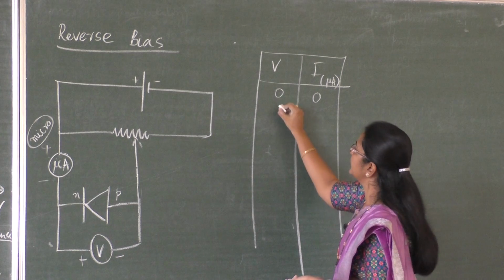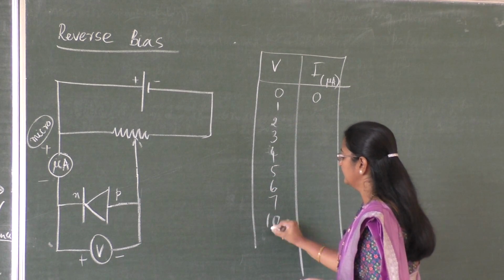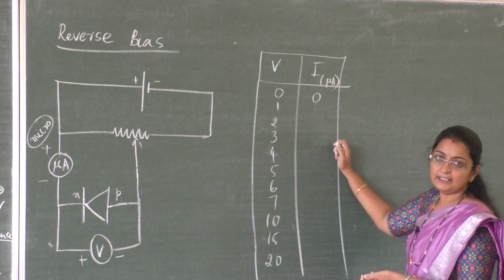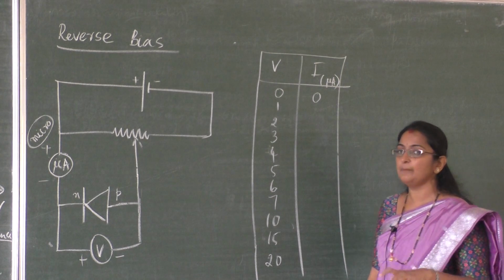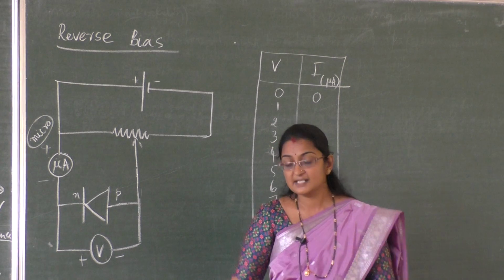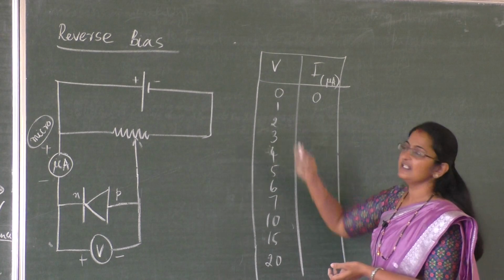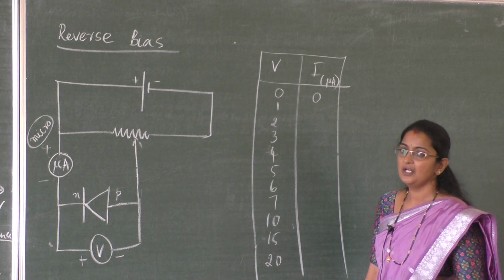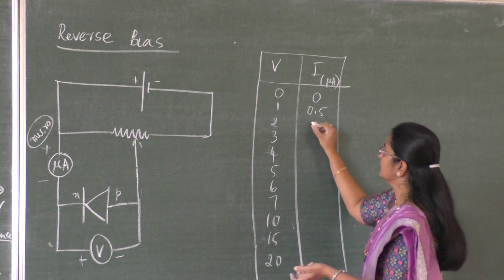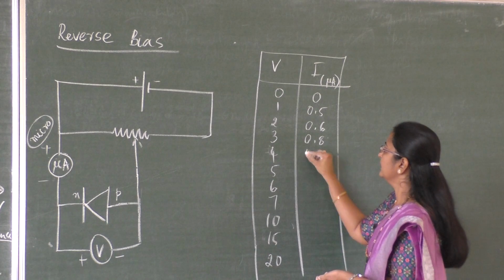And for voltage, let me take the values 1, 2, 3, 4, 5, 6, 7, then 10, 15, 20, etc. The current, unlike forward bias, where for the initial few values of voltage the current almost remains 0, here we get a small amount of drift current even when a small voltage is applied. Here I will get a current of say 0.5, then at 2 I will get 0.6, then 0.8, then here I will get 1.